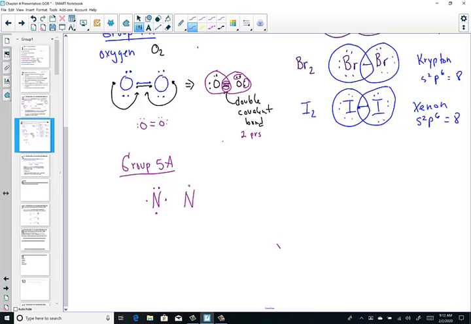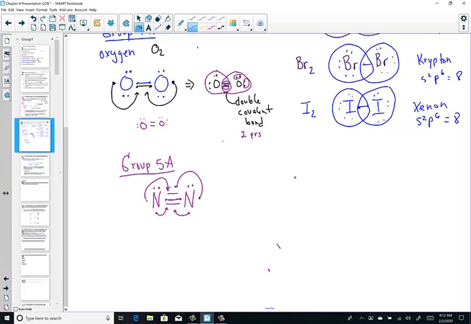The octet rule. So when I redraw, I can see that I have one set of shared pair of electrons between those lone pair there. And I can see that these two can come up in the center to make a second shared pair. And I'm going to bring these guys into the center and draw a third shared pair of electrons.